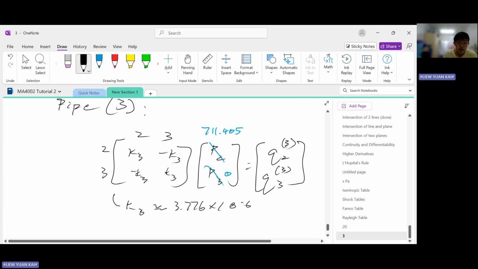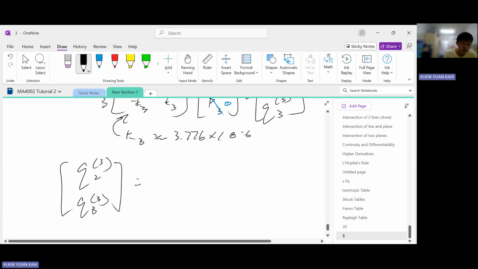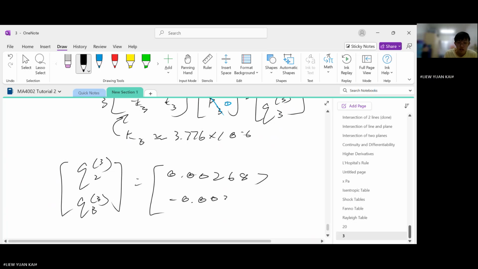You can sub it into here, and then you can calculate that Q23, Q33 will be equal to 0.002687, and this is minus 0.002687.